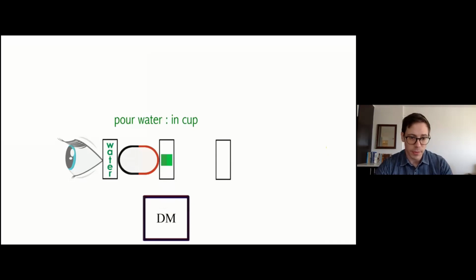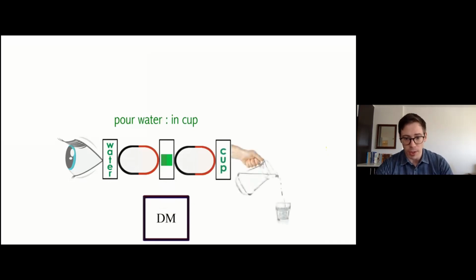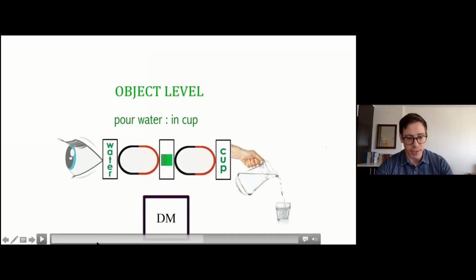I mean, you could drink from the faucet if you wanted to, but this is an example of how you would have an instruction to pour the water into a cup, which then directs more production rules, procedural memory, to fire motor output to pour water into the cup. So this is object level cognition. Visual information comes in.